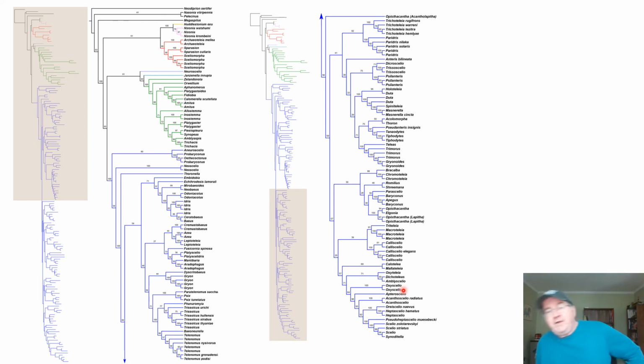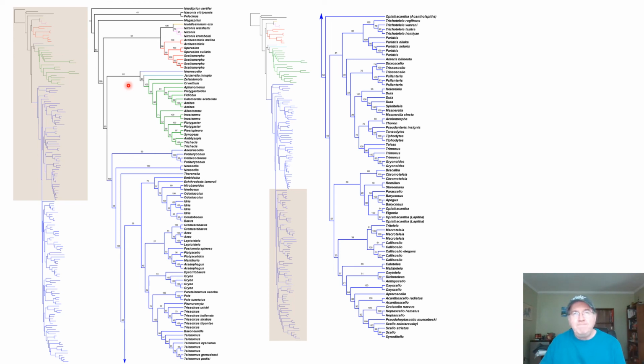So Murphy et al. had 3 genes. We upped that to 4 to include a nuclear protein coding gene and added a ton of morphology. Even with doing so, the real question, this blue thing here, corresponds to the main Celionid clade. So it's up here where we want to focus our attention. You can't see it, but these numbers are bootstrap numbers, because this is a maximum likelihood analysis.